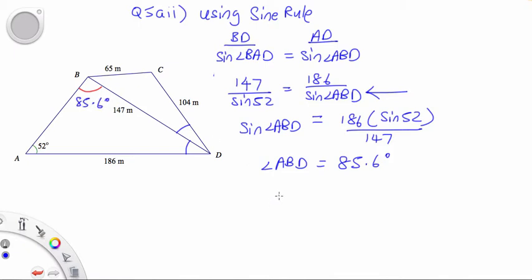Same thing, 1 decimal place. Once you have found the angle ABD, now you can find the answer for the angle ADB.